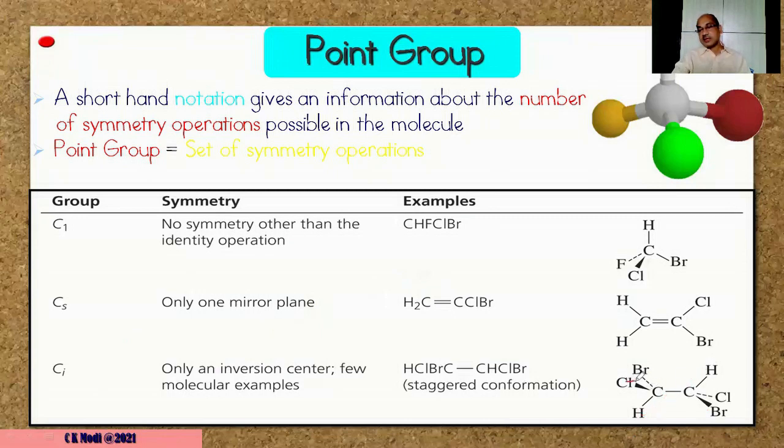Therefore, center of symmetry i is present. Similarly, for chlorine we get the same atom on the other side. So in this molecule, the rest of the symmetry elements are absent. Only identity E and center of symmetry i are present. Therefore, the point group is Ci.